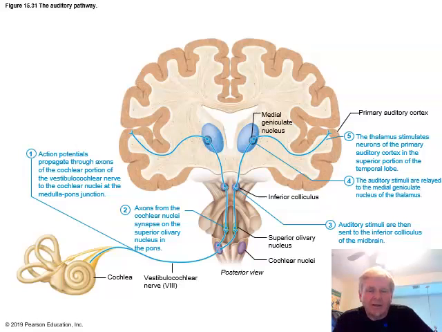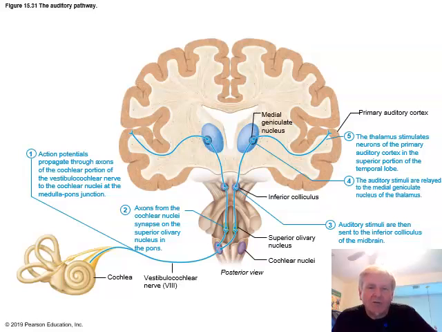And then you have your third order neuron, where the auditory stimuli are sent to the inferior colliculus in the midbrain. Remember, they form part of the corpora quadrigemini. So you've got 3 neurons now, and then your 4th order neuron goes to the medial geniculate nucleus of the thalamus. Remember, you had visual information going to the lateral geniculate nucleus of the thalamus.